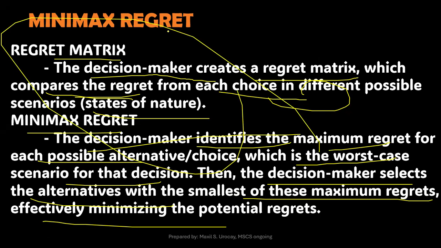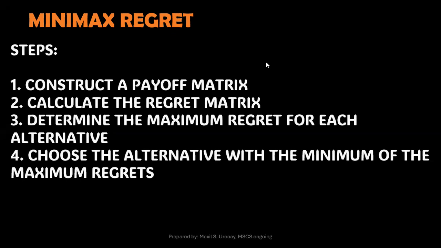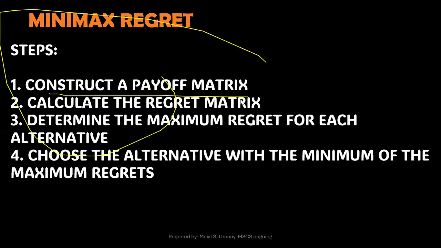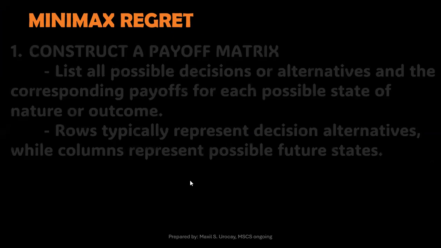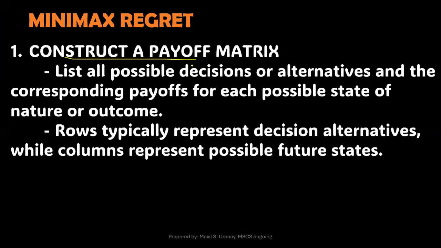So there is a specific set of steps we will follow: construct a payoff matrix first, calculate the regret matrix, then determine the maximum regret for each alternative and choose the alternative with the minimum of the maximum regret. So how can we do it? First, construct a payoff matrix. You have to list all the possible decisions or alternatives and the corresponding payoff for each possible state of nature or outcome.